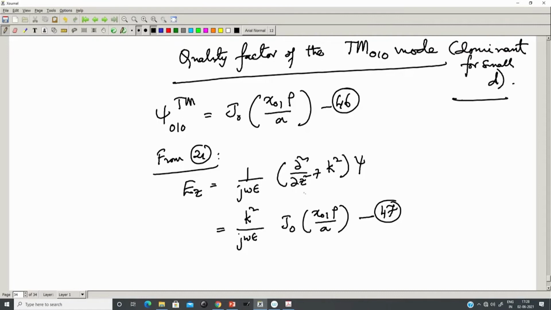So, we note that del z is 0, because there is no z variation in 46. So, this term is 0.